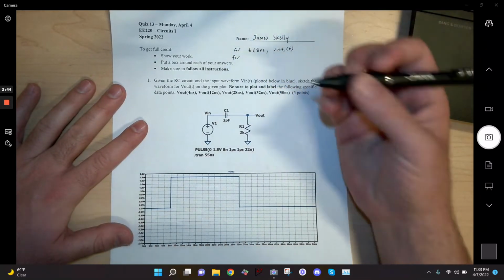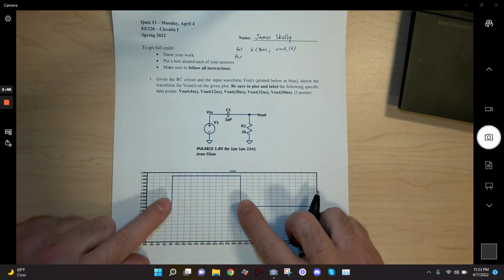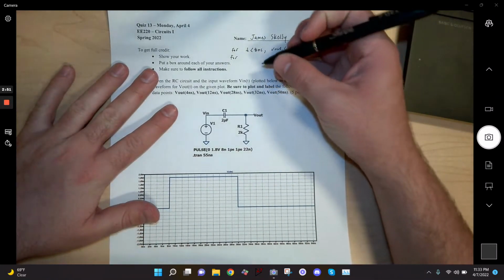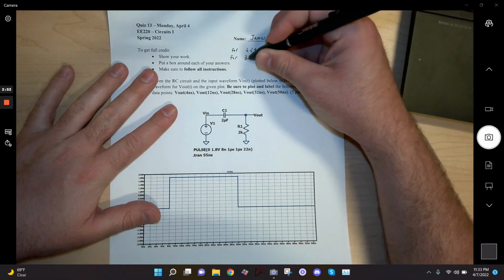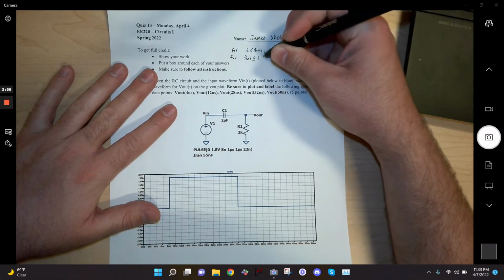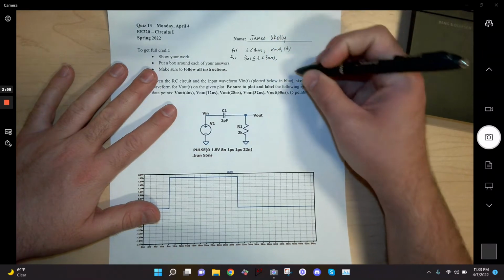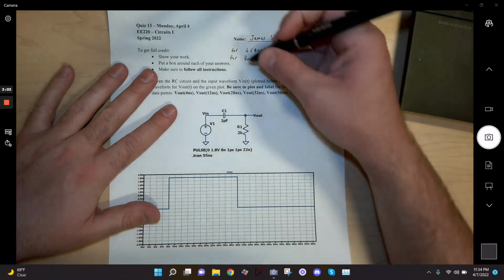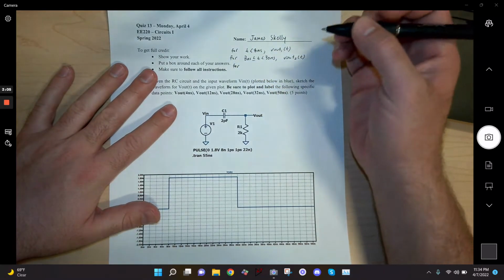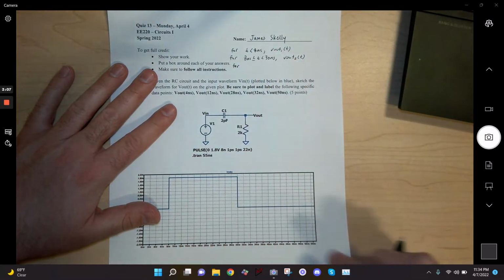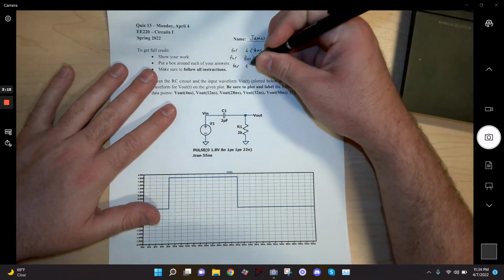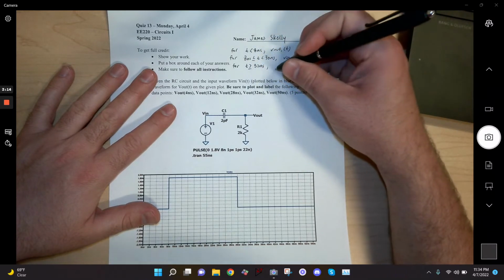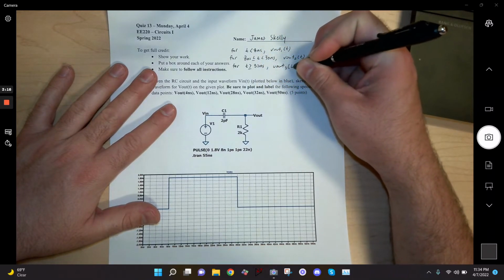For the next one, it's going to be between the rising and the falling edge of the input, which is between 8 and 30 nanoseconds. So this is going to be 8 nanoseconds less than or equal to t less than 30 nanoseconds. We're going to have V out 2 of t. And then lastly, we're going to have the time after the pulse goes low, which is going to be for t greater than or equal to 30 nanoseconds. And that'll be V out 3 of t.